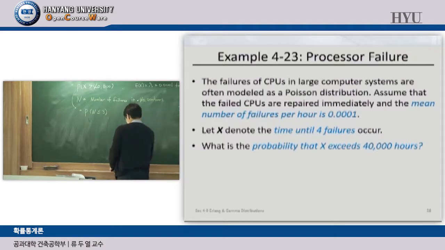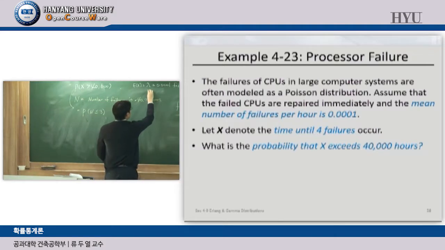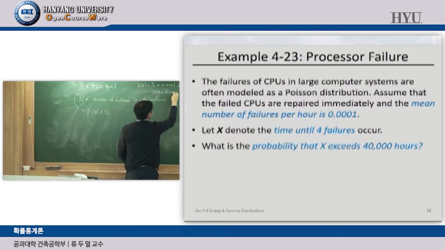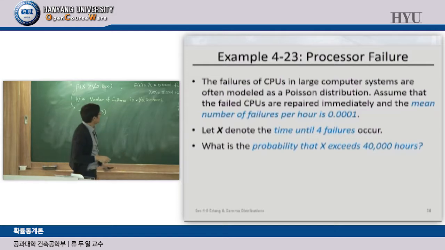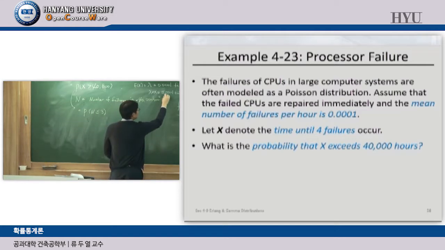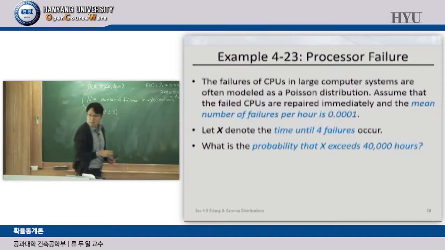Lambda times x is equal to 0.0001 failures per hour times 40,000 hours. So that is equal to 4 failures.